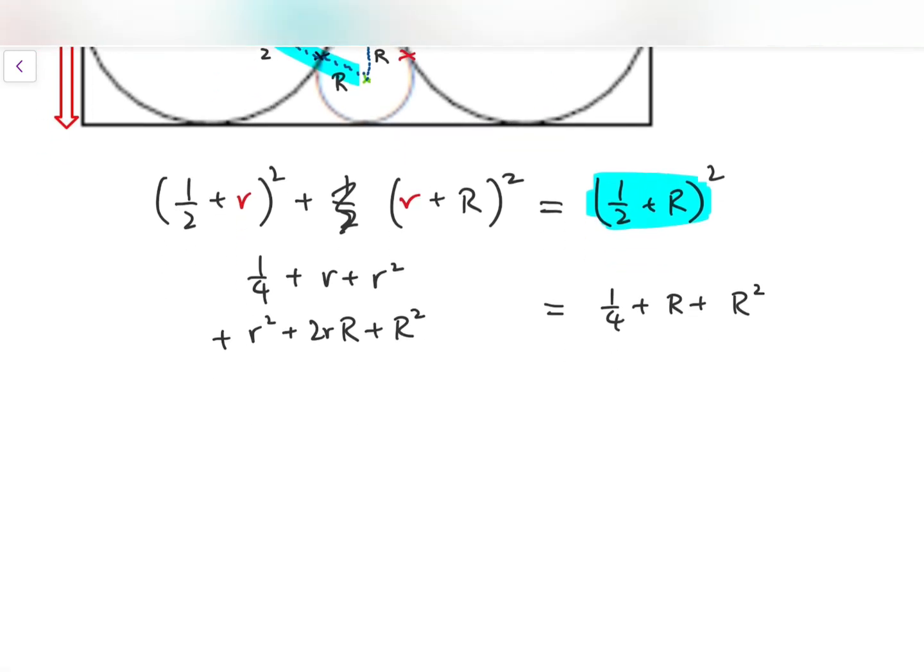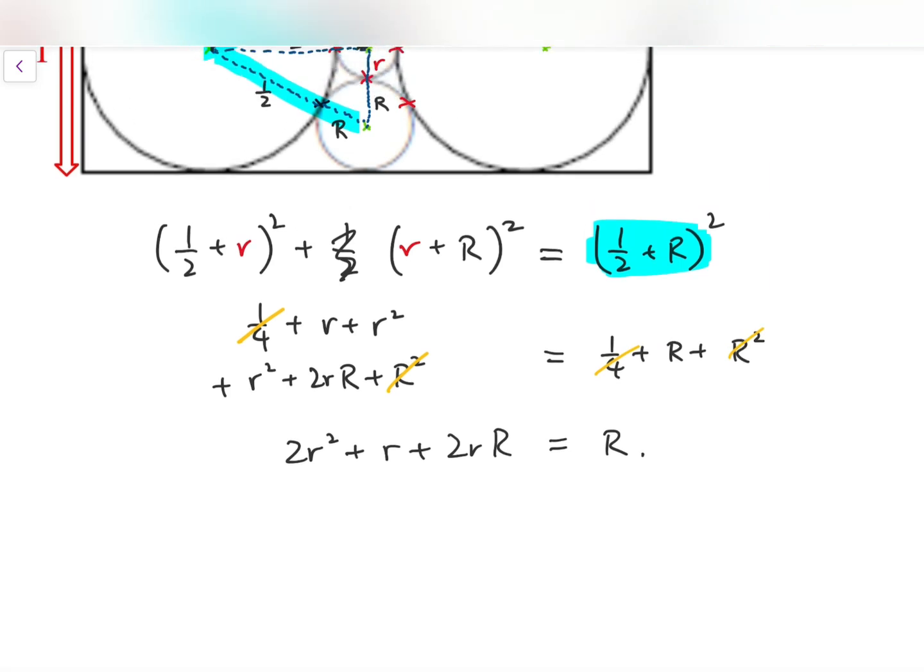Now from this we can cancel out some terms. The first is 1/4, you can take that out, and R squared as well. And simplifying, we will have 2 small r squared plus small r plus 2 small r big R equals big R. So that's our first equation between big R and small r.